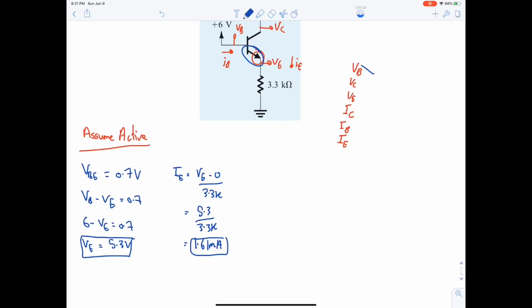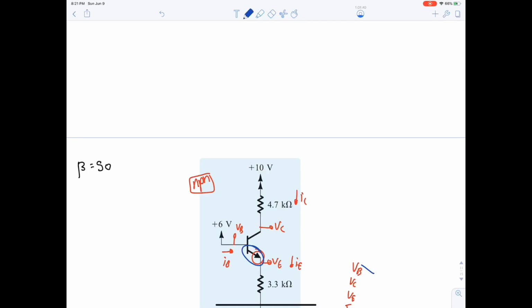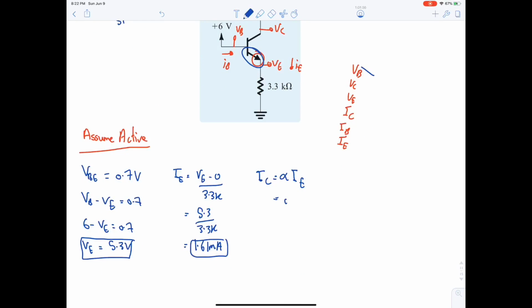After finding IE, let's find IC through alpha IE. Alpha is equal to beta over beta plus 1, so over 51, equal to 0.98. So here 0.98 multiplied by IE, which is 1.61 milli.